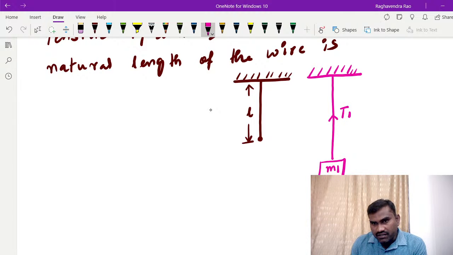Tension is nothing but the weight of the body, that is M1G. So here the length of the wire is L1.